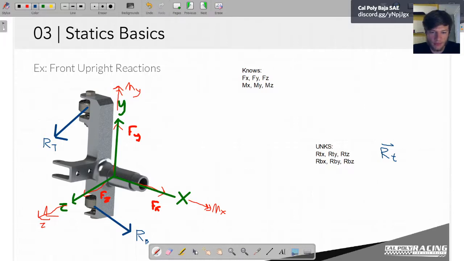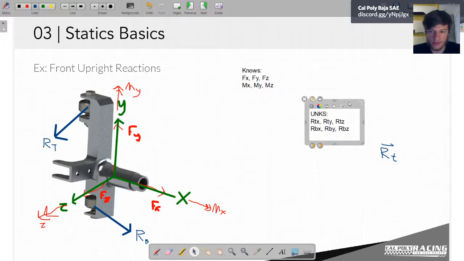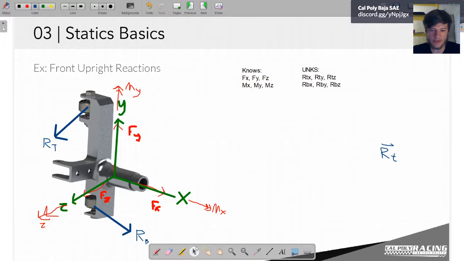Let's go ahead and put this here, so space. There. Okay. So now we should have a complete free body diagram. We've put our sketch there.